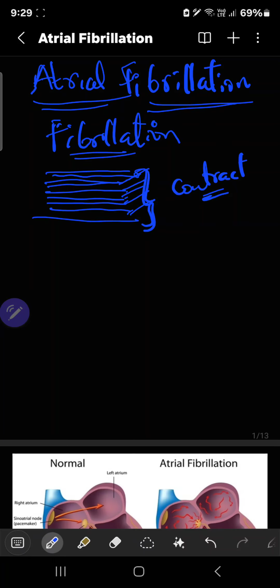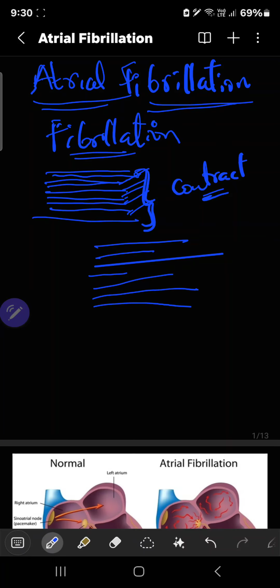Otherwise, what happens? Suppose this is the muscle, and one fiber will be contracting less, one fiber will be expanding more, another less, and another in another fashion. This will cause a pattern called fibrillation.